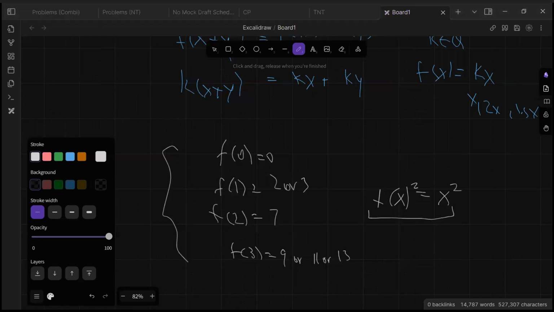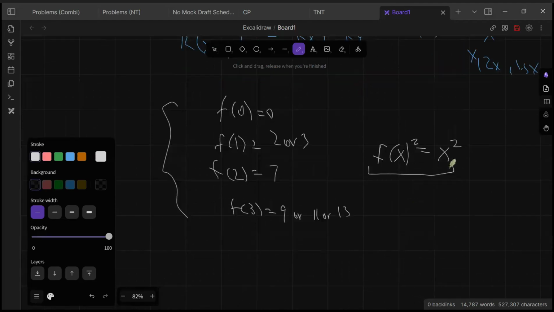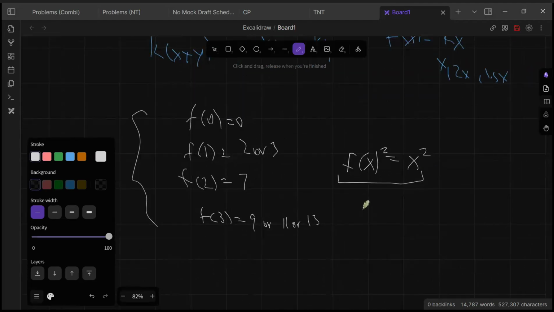What I'm trying to say is, f of x squared is equal to x squared. The functions that satisfy this can have the value of f of 1 to be 1 or minus 1, because f of 1 squared is going to be 1 squared or minus 1 squared, and they're both going to be 1 in the end.